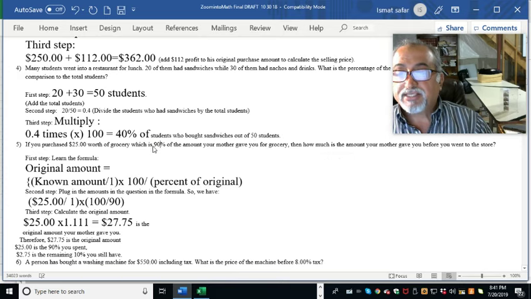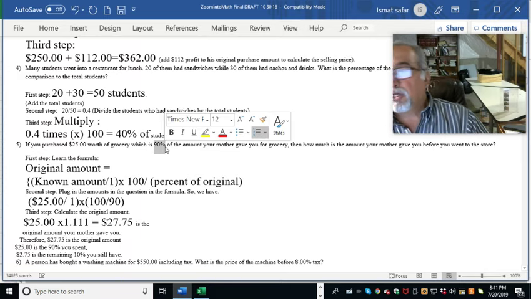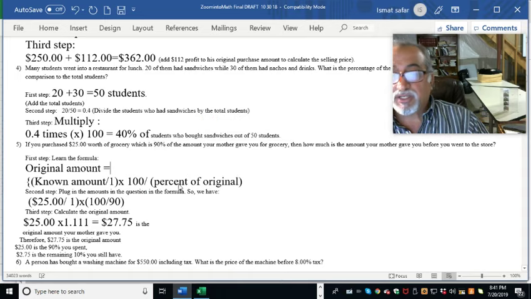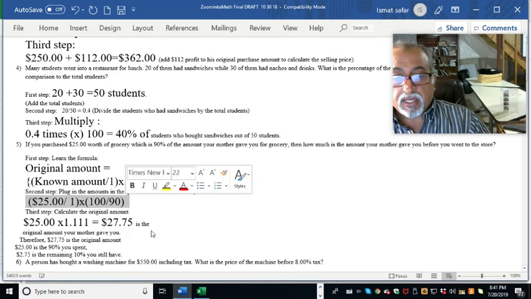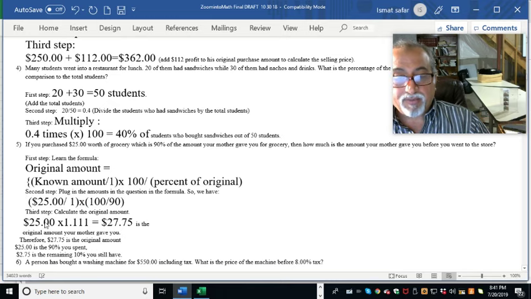It's 90%. So the answer is 25 divided by 1 times 100 over 90. And we just do the calculation. 25 divided by 1 is 25 times 100 over 90.